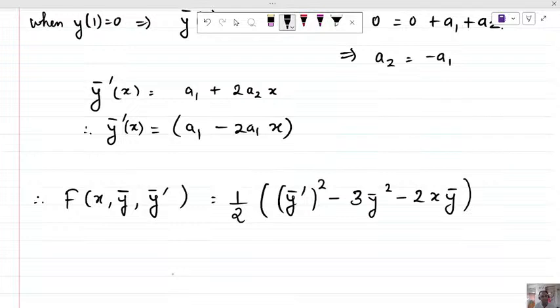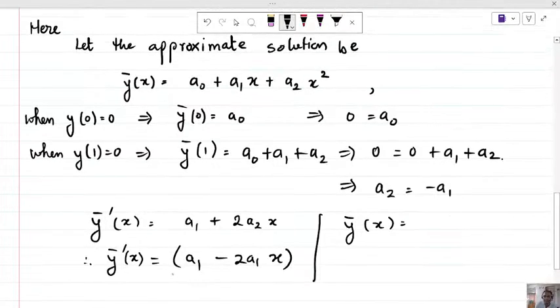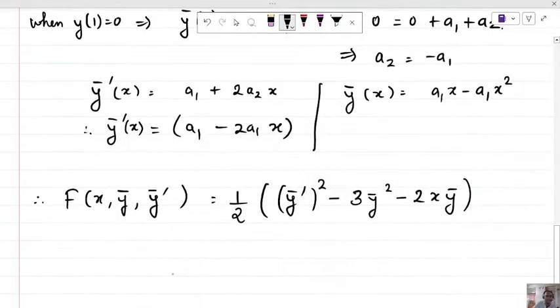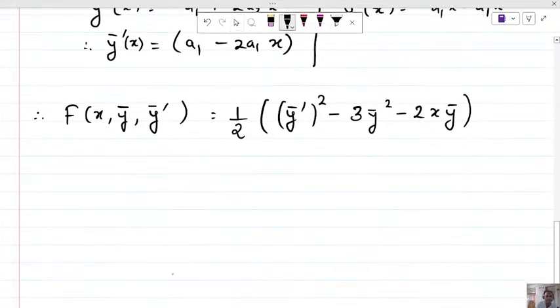Now we will substitute the values that we have taken into consideration. We also mention what changes happen to our general solution y bar of x. A naught has gone 0, so not a problem. A2 has become minus a1, so it becomes a1x minus a1x square. This is the simplified version of the solution that we have got. Now we substitute all those terms and let us see what we get.